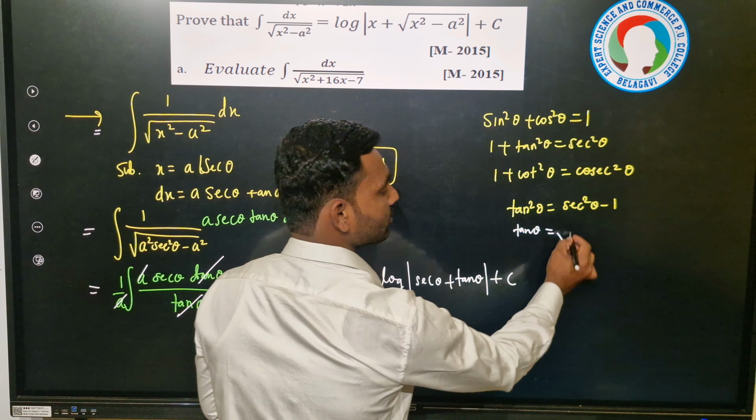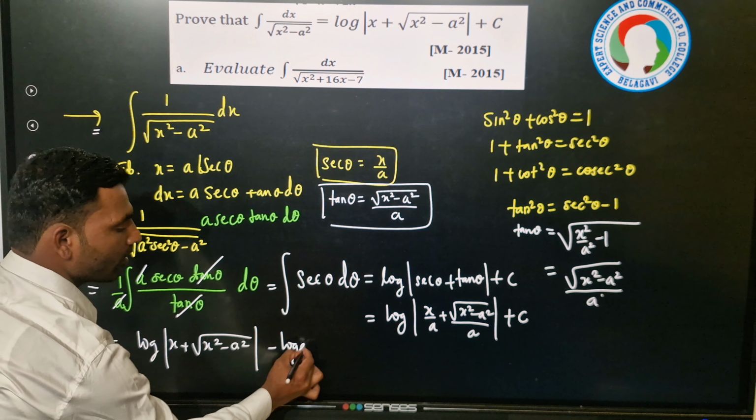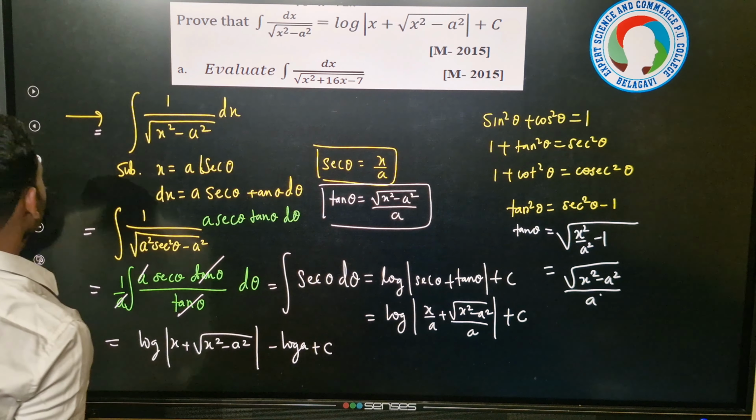So take that directly as log of x plus square root of x square minus a square minus log a plus c. Here it is log a and here it is minus log a plus c, the constant term. So consider this whole term as c because it is an arbitrary constant, the integration constant. Then you will get the solution as log of x plus square root of x square minus a square plus c.